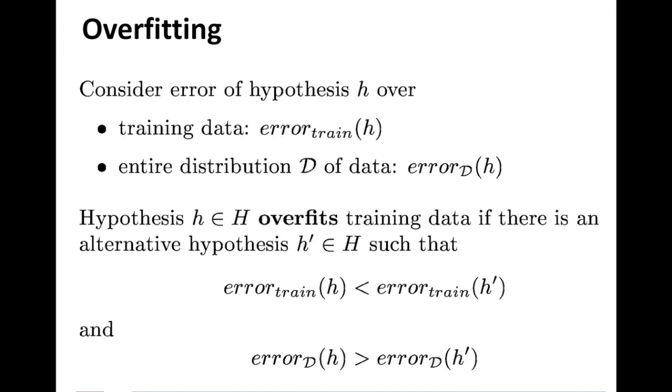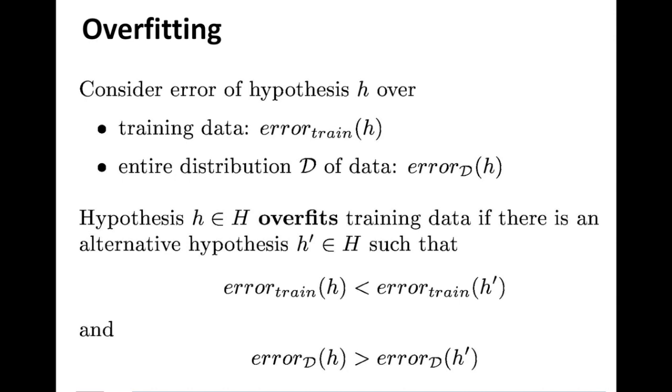So hypothesis H overfits the training data if there is another hypothesis H prime such that the error of H is less than the error of H prime in the training set. So in the training set, H performs better than H prime, but in the entire distribution of data, D, H performs worse than H prime.